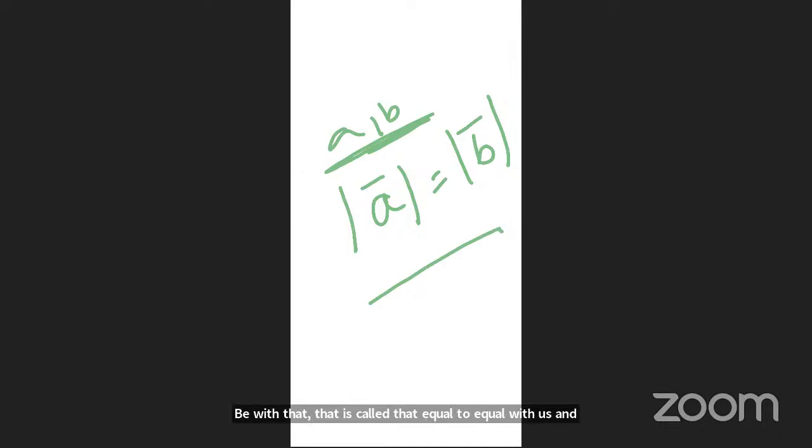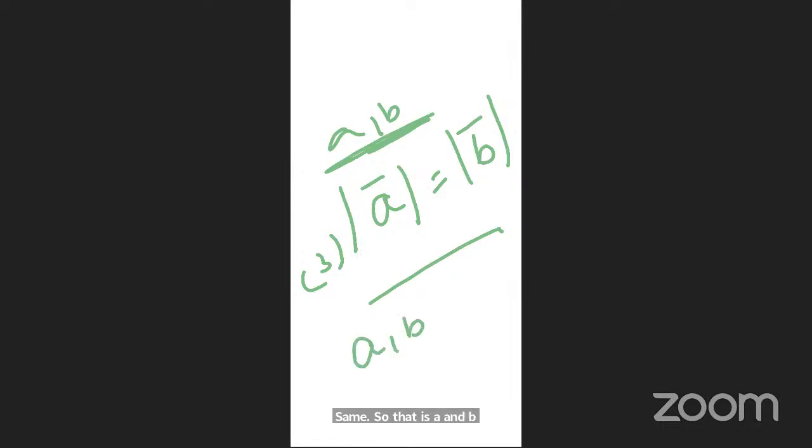This is the third one, equal vector, and the fourth one is the opposite vector. Any two vectors are said to be opposite if they have the same magnitude but opposite direction. Let us consider A and B, two vectors.